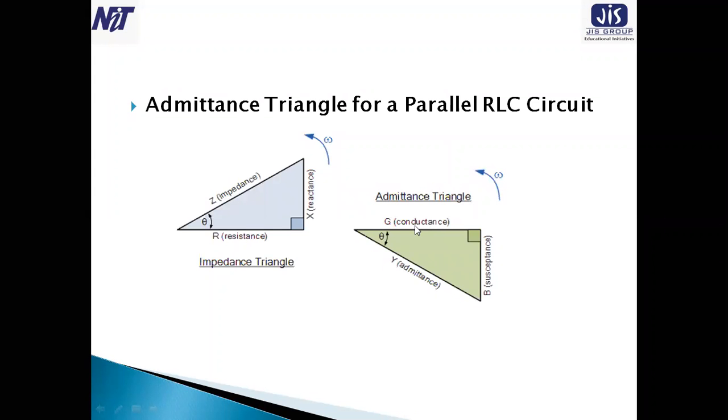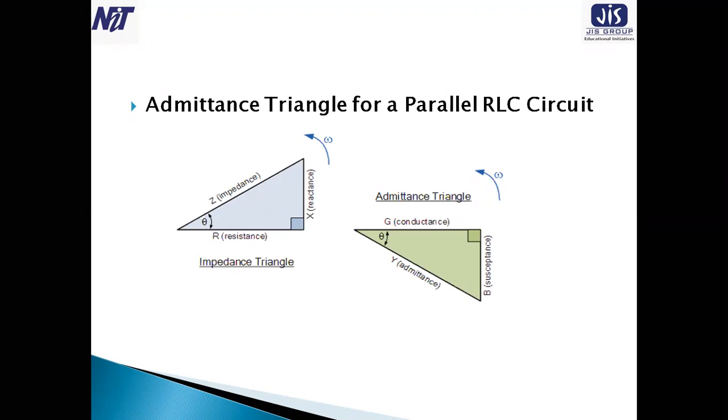Now, the admittance triangle for a parallel RLC circuit. What is the admittance triangle? And what is the admittance? To understand the admittance triangle, first we have to understand the impedance triangle.